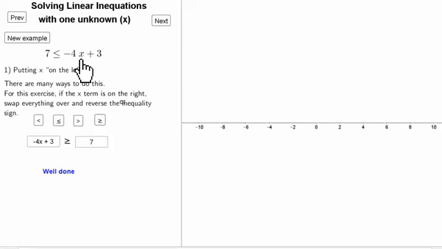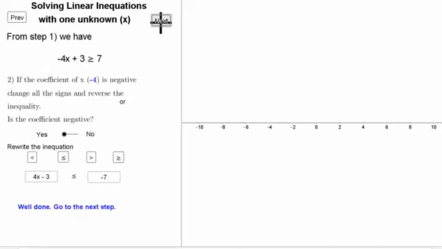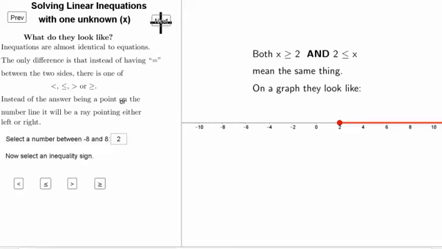Negative 2 times negative 4 is positive 8, plus 3 is 11, and so on. So we're getting all of it working properly. And if we go to the next, after that we come back to the first screen that we had. We can try again and practice as many times as we need to until it makes sense.